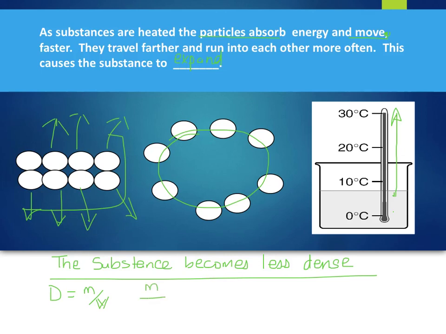If initially the volume was 1, then after we heated it, the volume increased to 2. So the same mass divided by 2 is going to be smaller, and the initial density will be greater. So it makes it less dense, because we're increasing the volume of the same mass.